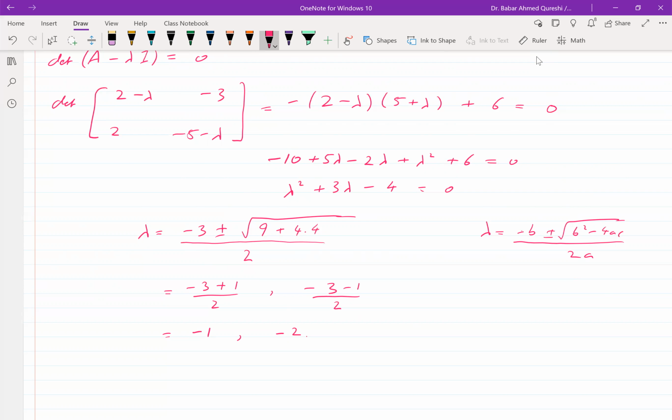So 5 into 2 minus 10, 5 into lambda plus lambda minus 2 lambda plus lambda square plus 6 is equal to 0. And so I have lambda square plus 3 lambda minus 4 is equal to 0. So this looks fine.